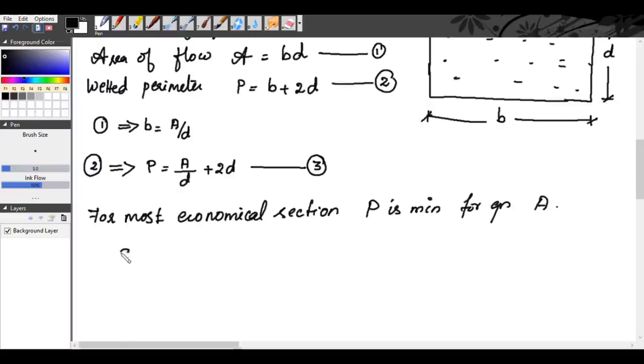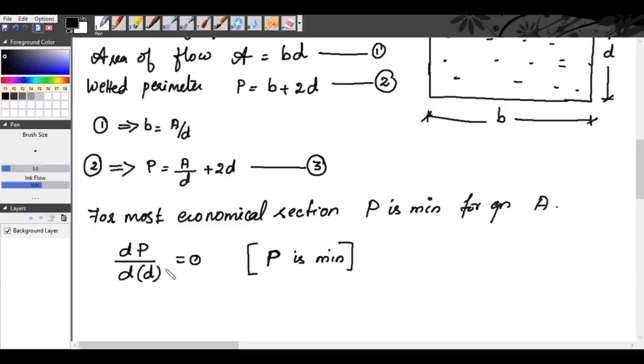We get dP by dD, where D is the depth, should be equal to 0. The condition is that the wetted perimeter is minimum, right? So we are differentiating P with respect to the depth because we need to vary the depth.